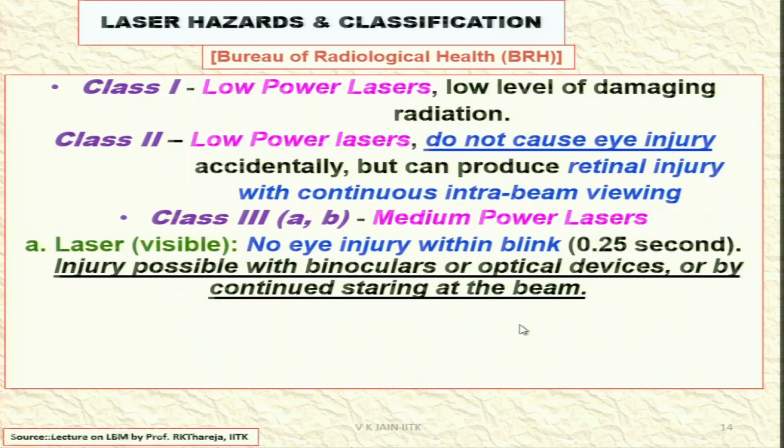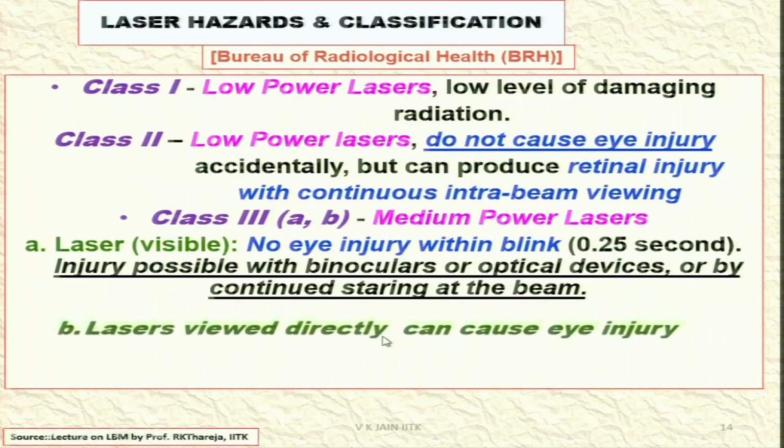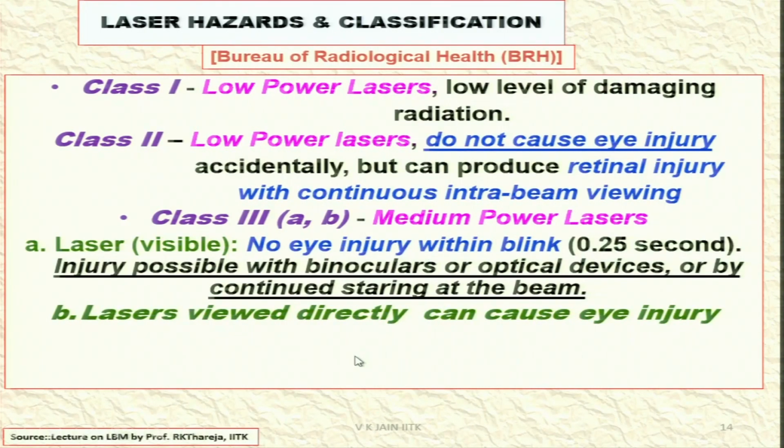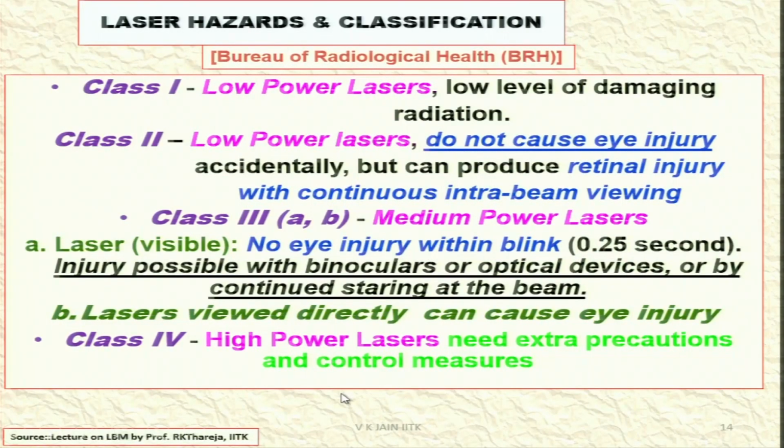One has to be very careful, especially in the case of kids or youngsters. One should not try to blink at these lasers, otherwise they may damage their eyes. Lasers viewed directly can cause eye injury, that is what I mean. Class 4 lasers, high power lasers, they need extra precautions and control measures.